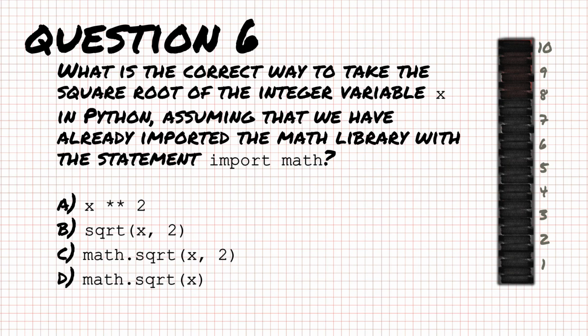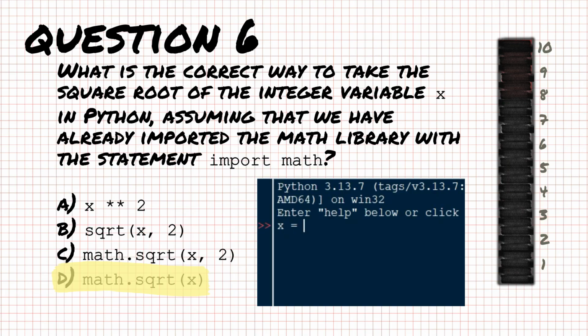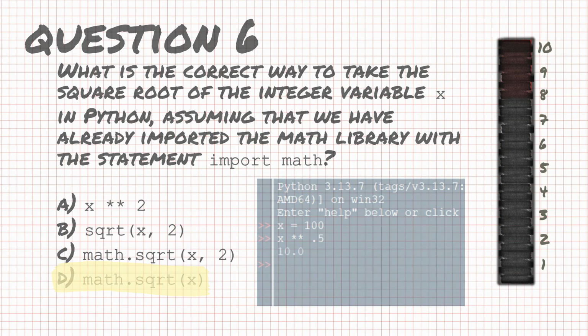The correct way to take the square root of a variable x in Python is D, math.sqrt(x). The square root function takes only one argument, the expression to take the root of. Note that you can use exponentiation to take a square root, but you'd write x ** 0.5.